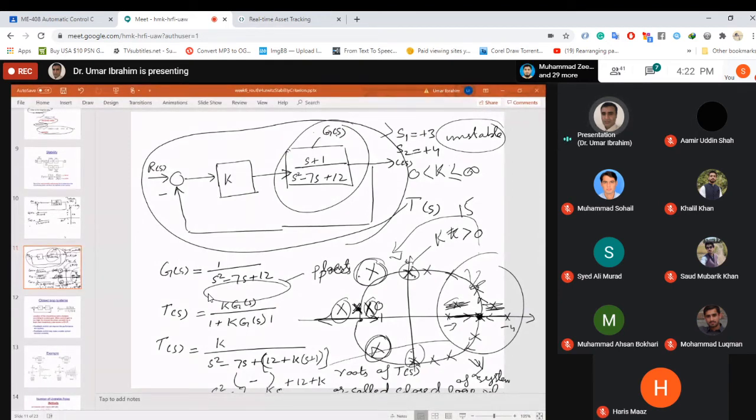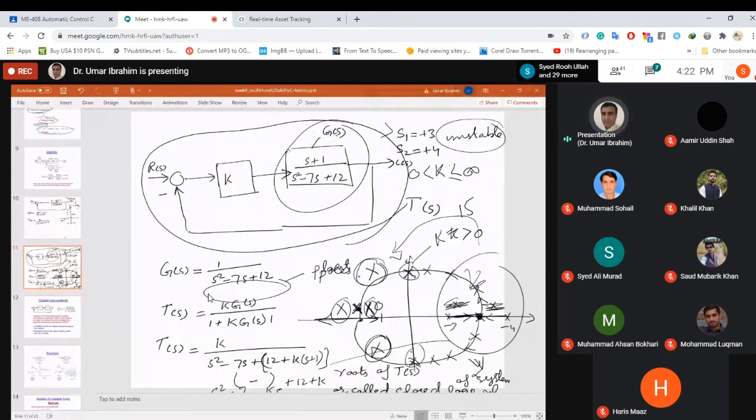The whole feedback control system, not the plant itself. We know that the plant is unstable. My question is whether the whole feedback control system is stable or unstable. It can be stable or unstable depending on the K value. Good, that is the right answer.